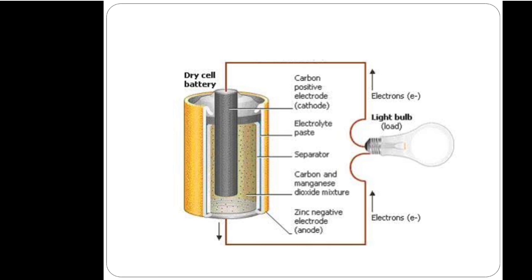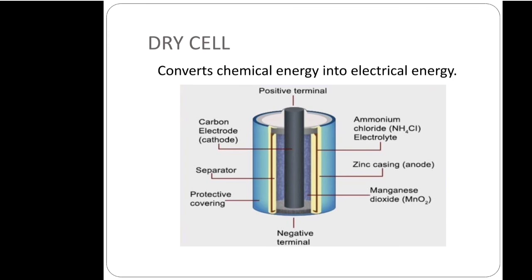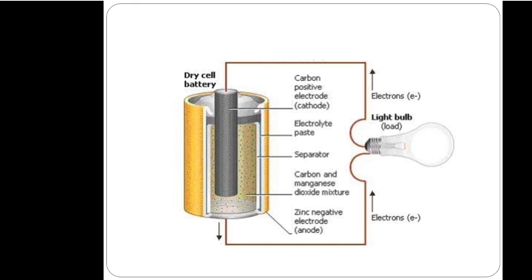When the cell is connected across the circuit, due to the chemical reaction that occurs inside, electrons are liberated at the anode. The anode is the zinc. Those electrons pass through the external circuit and reach the cathode, that is the carbon rod.